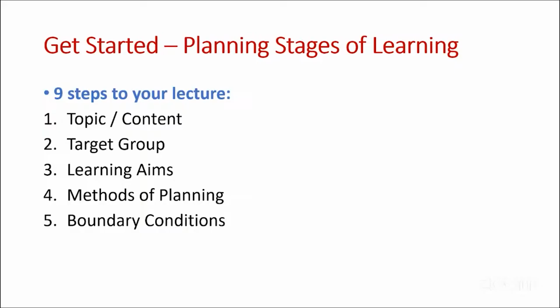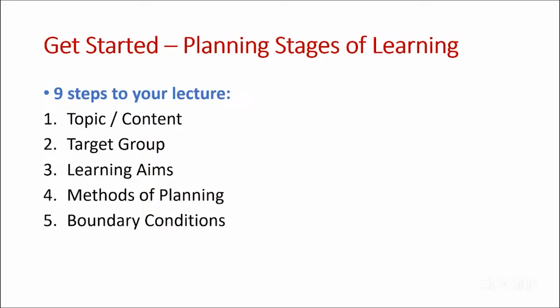The first is the topic of your lecture or content of your lecture. Second is target group, which means your audience. It may be schools, children, or college students also.